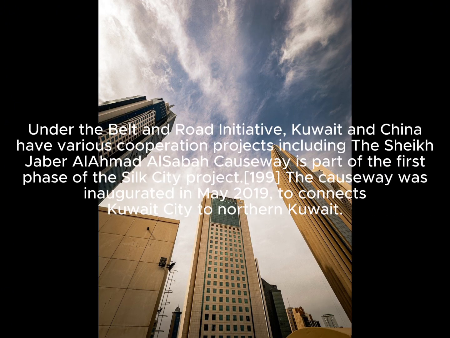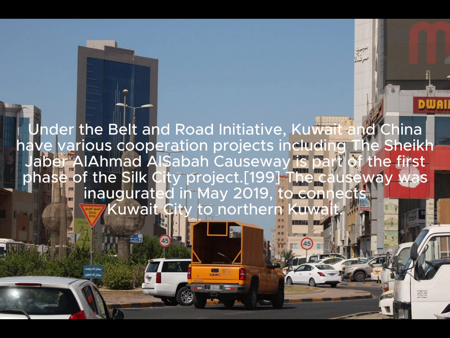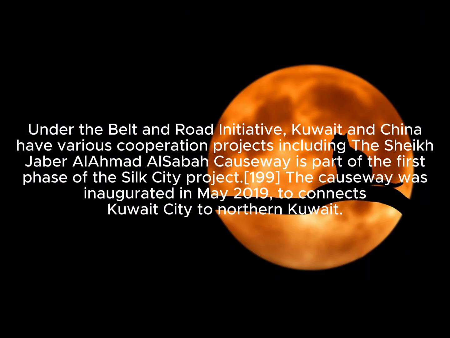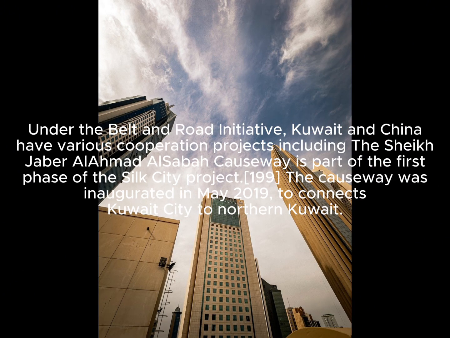Under the Belt and Road Initiative, Kuwait and China have various cooperation projects, including the Sheikh Jaber Ahmad al-Sabah Causeway, which is part of the first phase of the Silk City project. The causeway was inaugurated in May 2019 to connect Kuwait City to northern Kuwait.